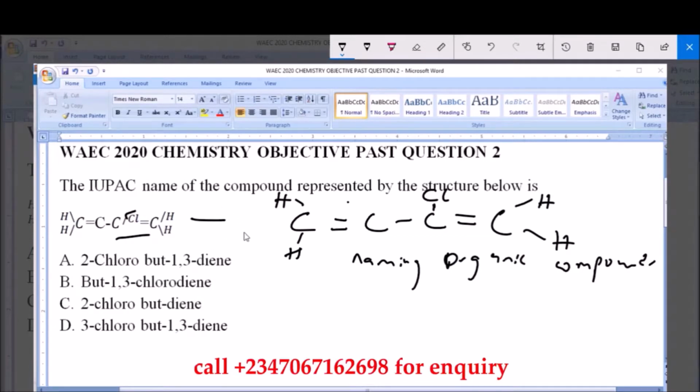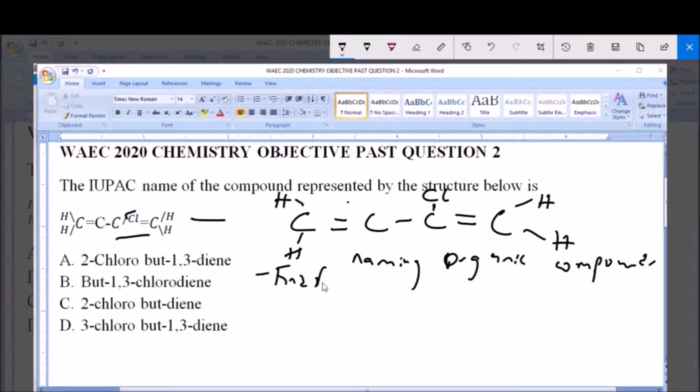In naming organic compounds, the first thing you do is to find the functional group. In this case, the functional group is right here, this chlorine atom.